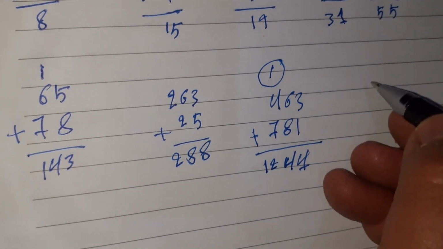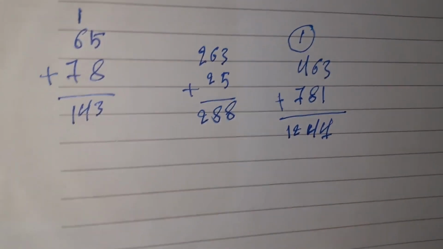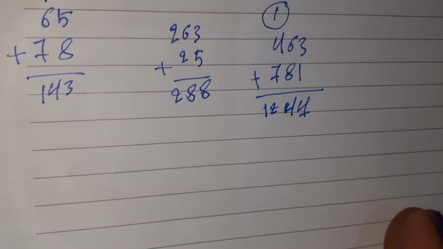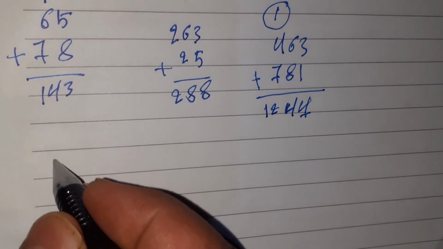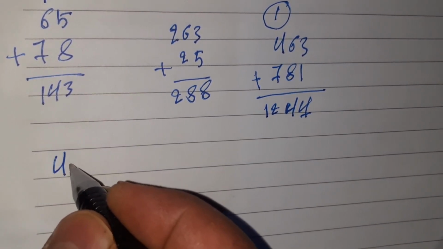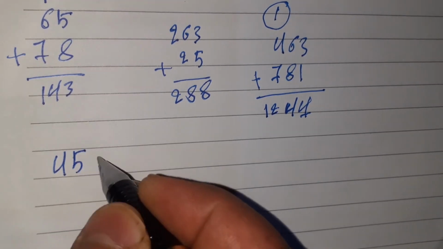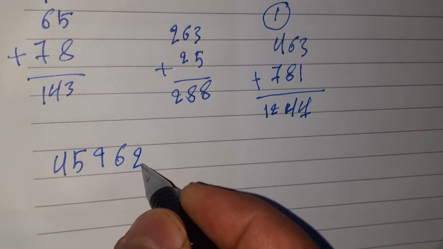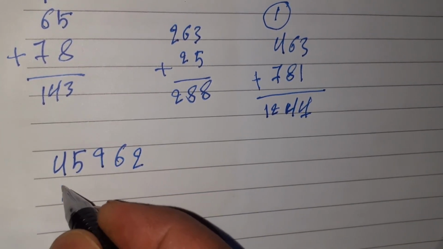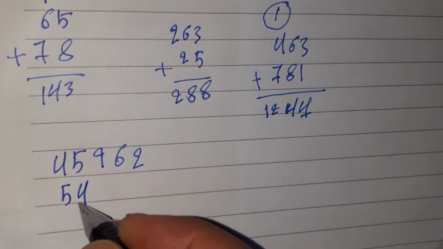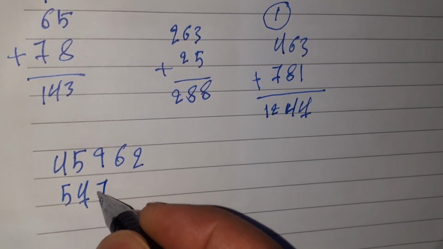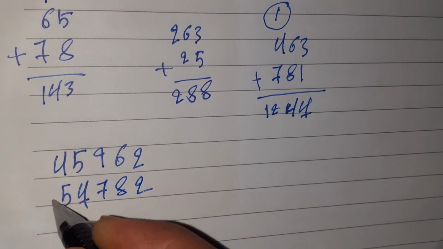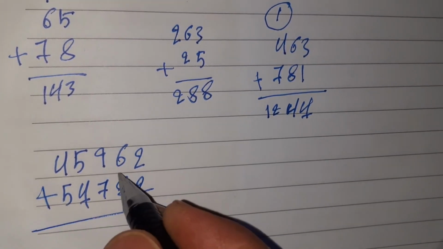Next example, 45,962 plus 54,782. It is a five digit number.